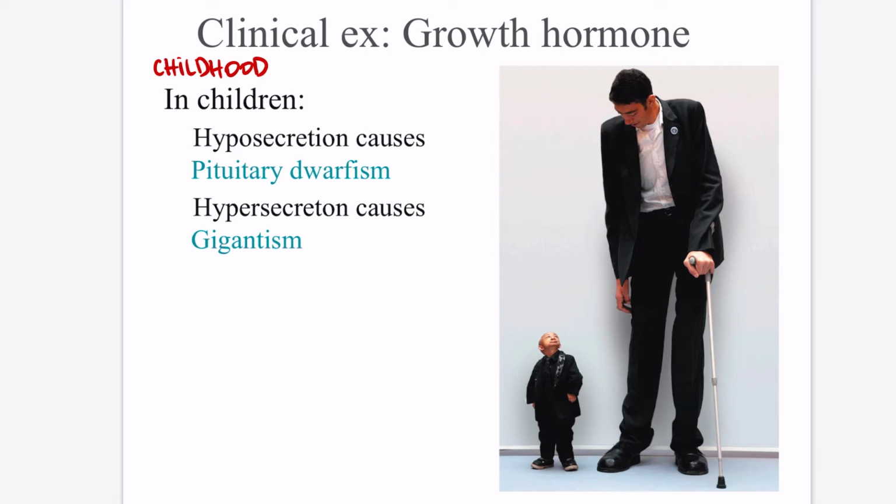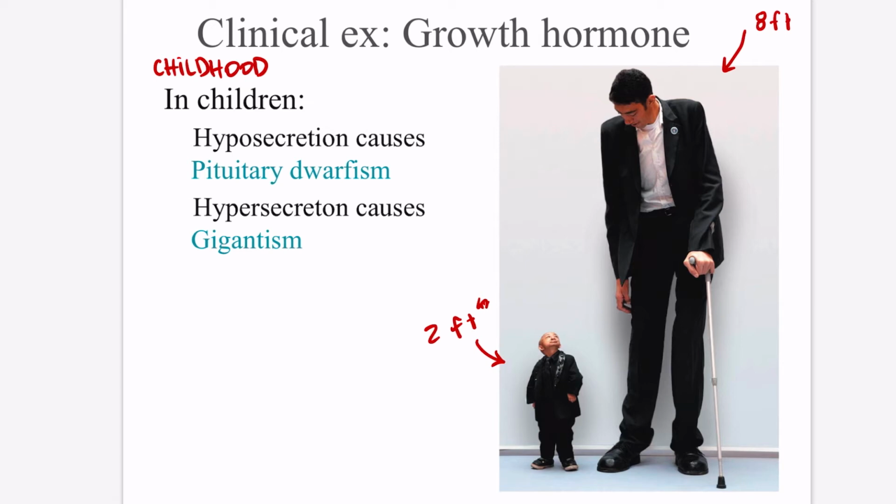This is called pituitary dwarfism. If you didn't know, there are many different types of dwarfism. And then on the right here, we have gigantism, and this person's over 8 feet tall. And this person over here is about 2 feet, maybe 2.5.